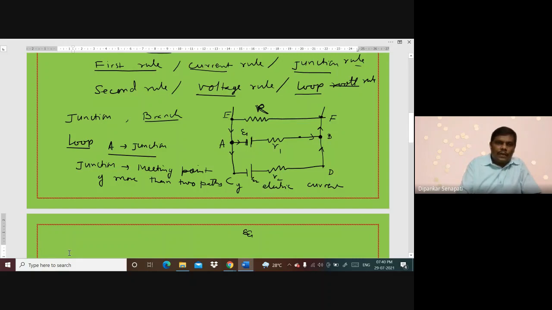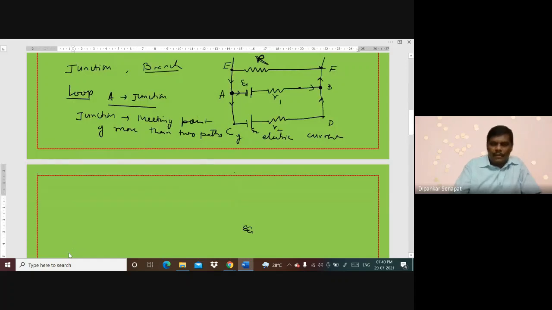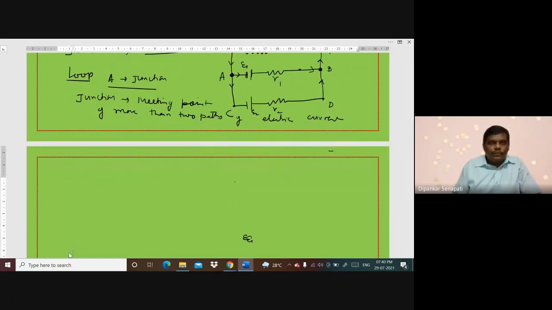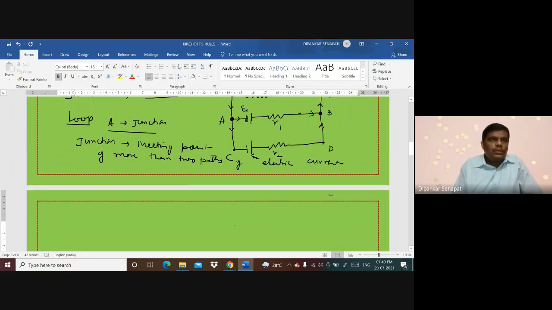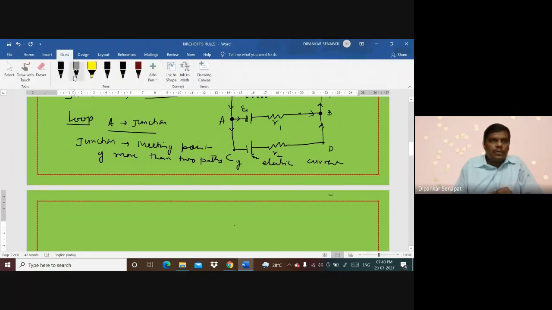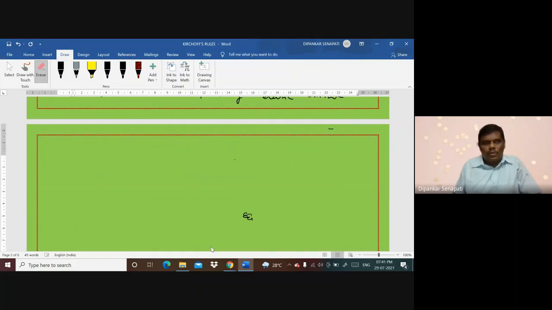So a junction is one where at least three are being connected. So you see, let me erase this one. Okay, then this is a junction.